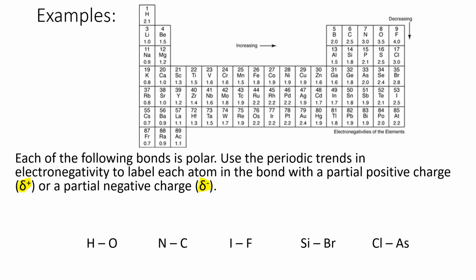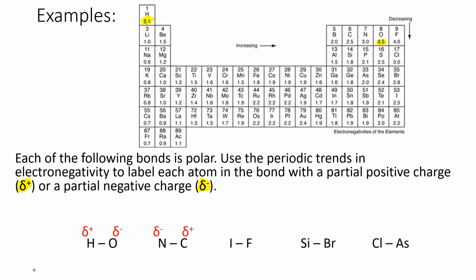So the H and O bond, which one is more negative, hydrogen or oxygen? Oxygen is more negative. It's got a higher electronegativity. Hydrogen has a lower one, so we have the delta positive on the hydrogen, delta negative on the oxygen.